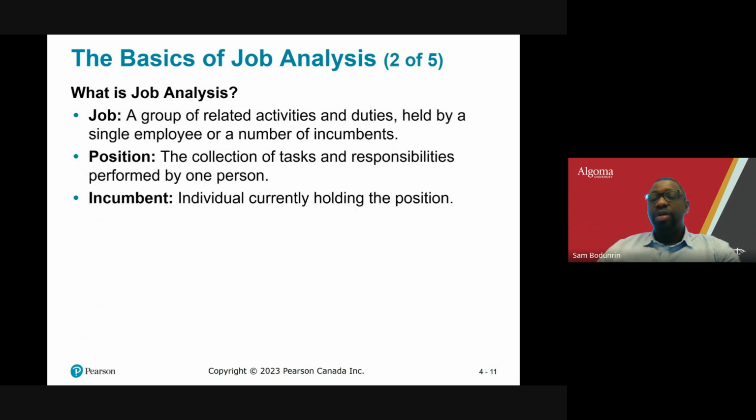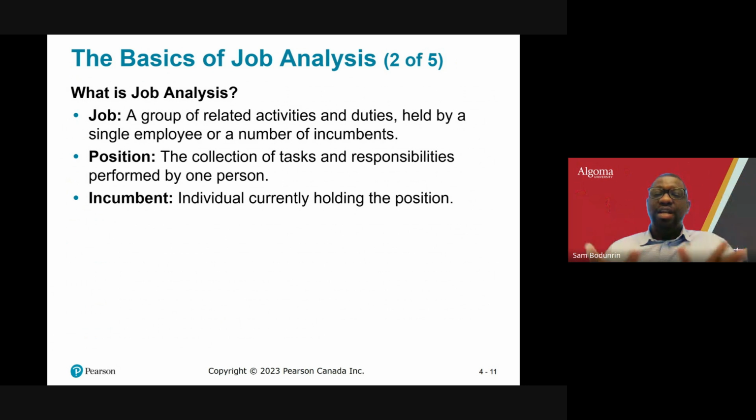So, what is a job? Well, it's activities. There are activities or duties or responsibilities that are attached to a job. When you break a job down into tasks, a combination of tasks or responsibilities forms a job.